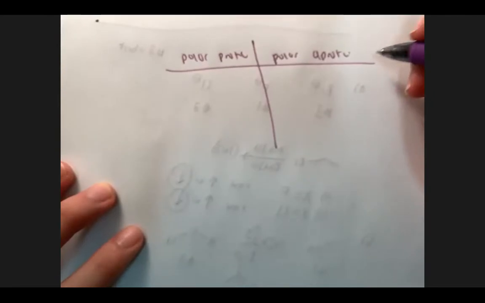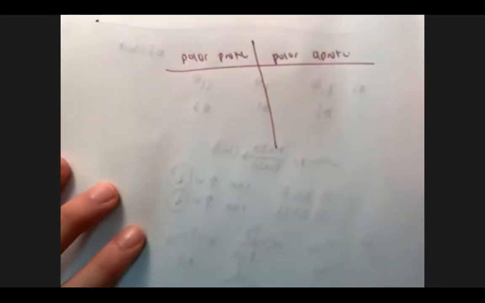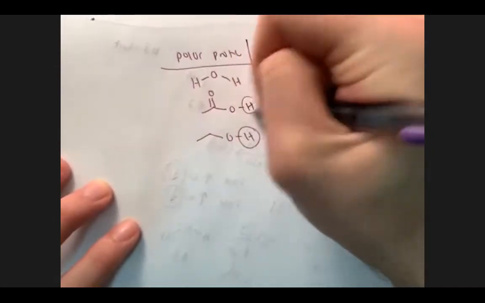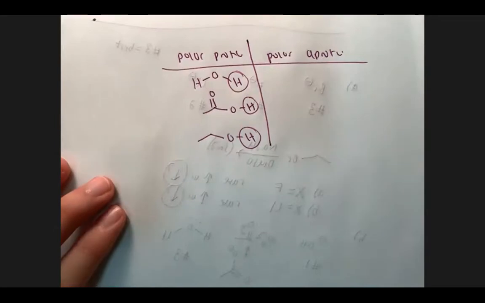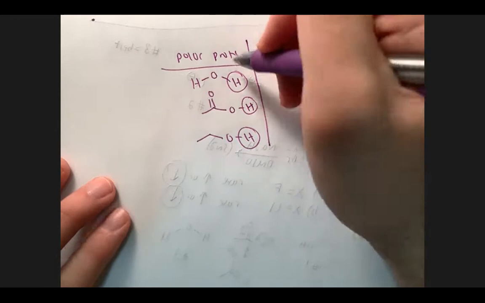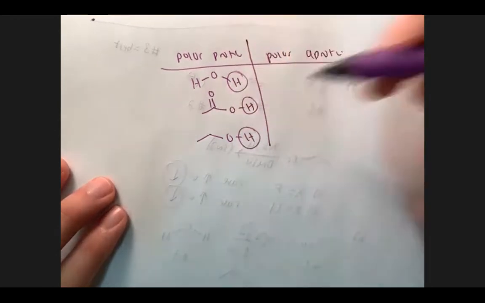Polar aprotic means it doesn't have a proton to give. So what are examples of that? Well, water, classic example. Carboxylic acid, something that can give off protons, and alcohol. These all have protons that are acidic. We know why they're acidic at this point. We talked about all that in the beginning of the semester. So all of these solvents have protons to give.